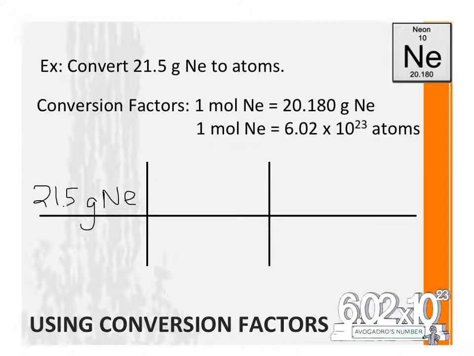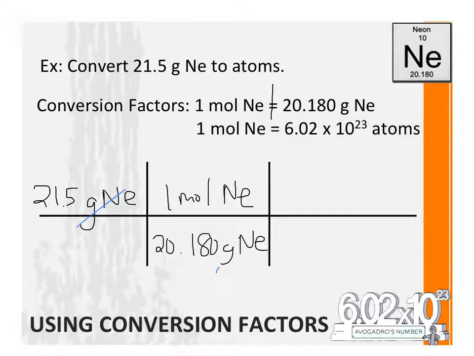So the first conversion factor I have is that 1 mole of neon is equal to 20.180 grams of neon. Well, I'm going to pick my denominator. I know I need grams to cancel, so I'm going to write 20.180 grams of neon is equal to 1 mole of neon. Then we know that grams of neon will cancel.